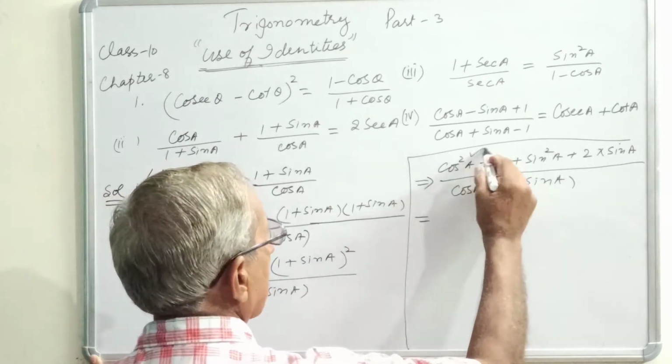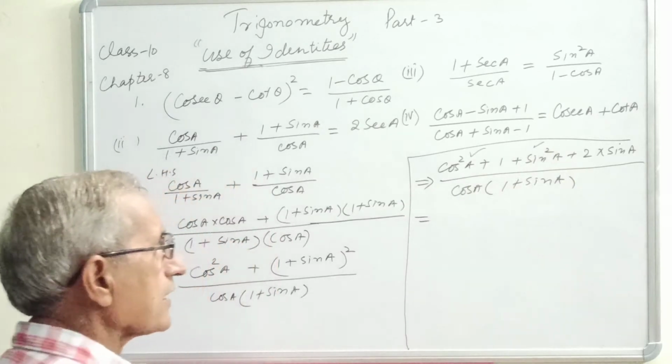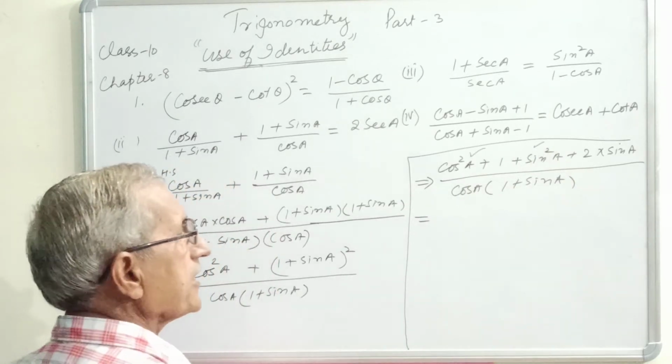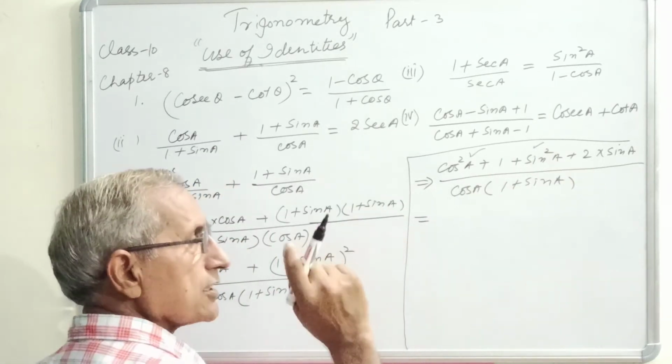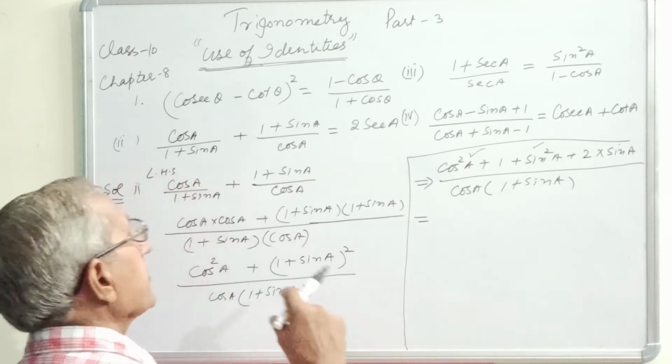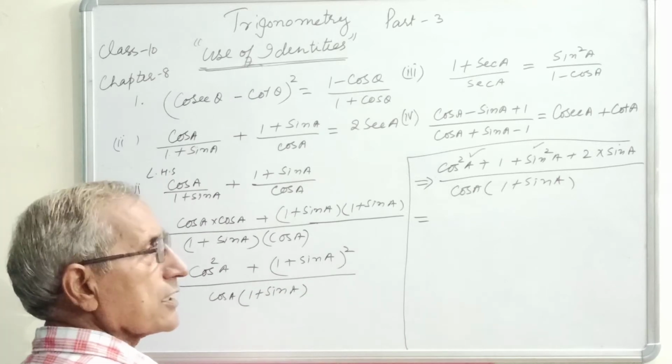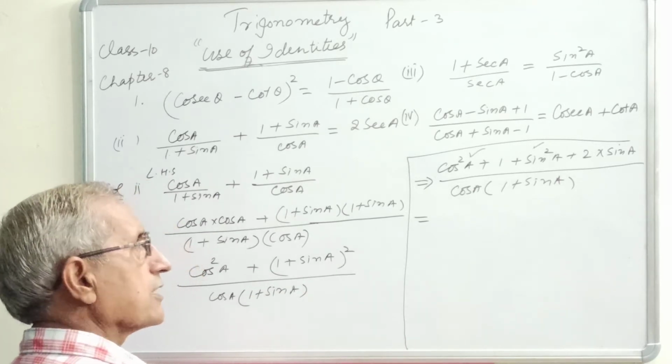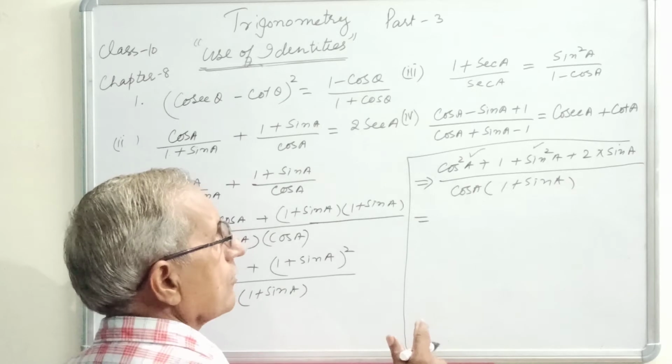Just see the cos square A plus sin square A. This is the first identity. So sin square A plus cos square A is equal to 1. So that is the first trigonometric identity. Cos square A plus sin square A or sin square A plus cos square A, that is equal to 1.